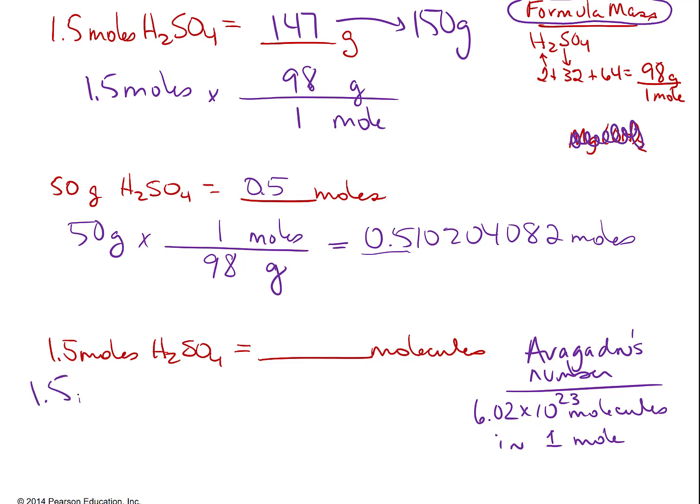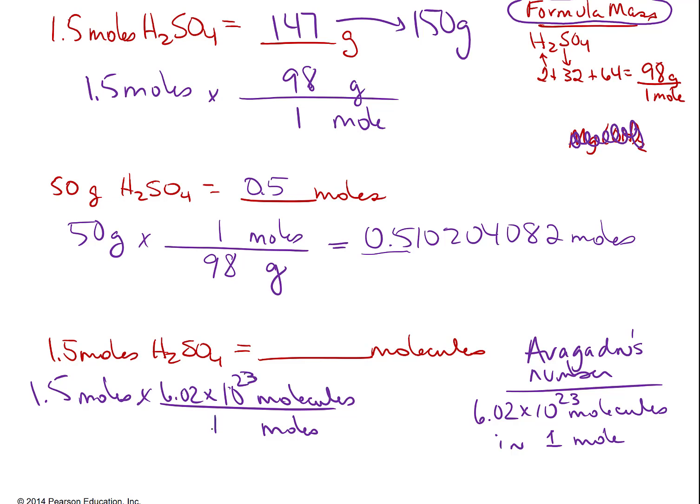So in this, 1.5 moles. Again, it's just a single unit conversion. The unit you start with goes on the bottom. The unit you're going to goes on the top. So 6.02 times 10 to the 23rd per 1.